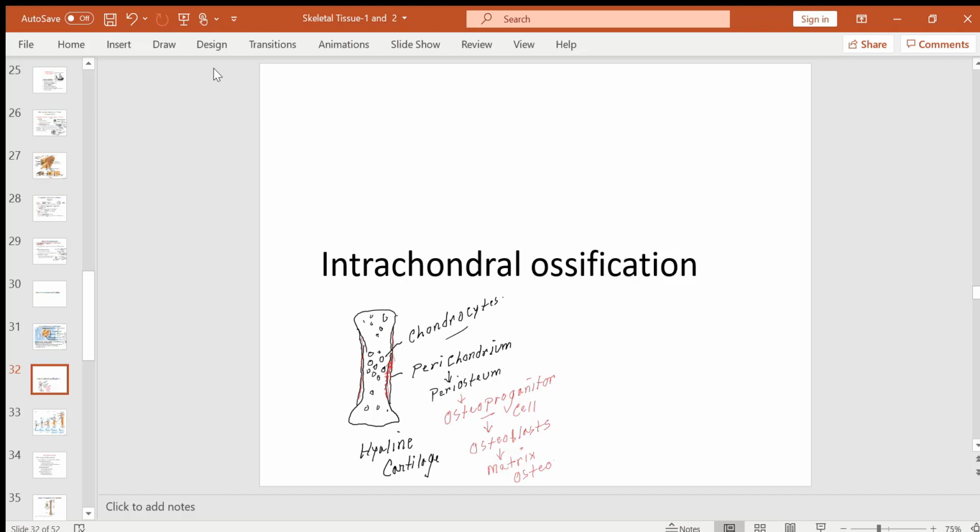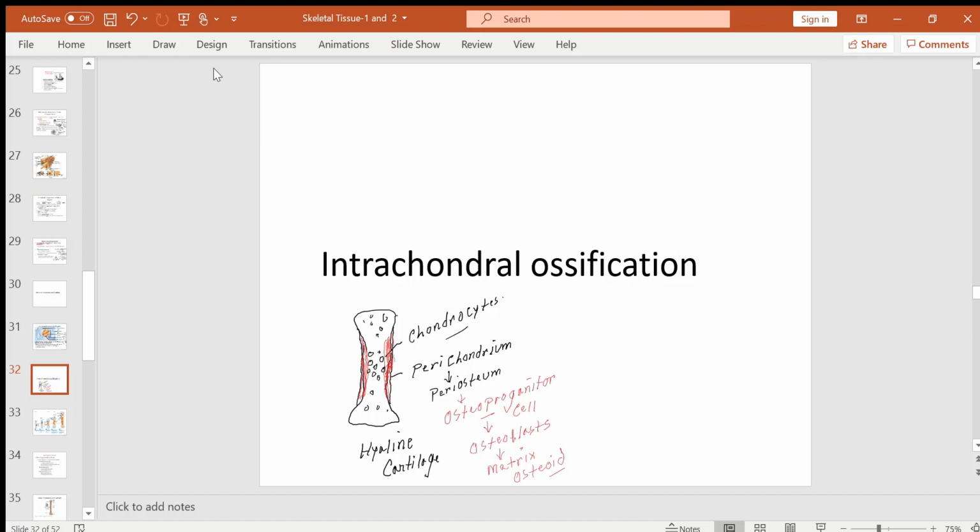Okay, so the outer part of the cartilage will become the bone tissue matrix, hard matrix, right? Secreted by the osteoblasts here.